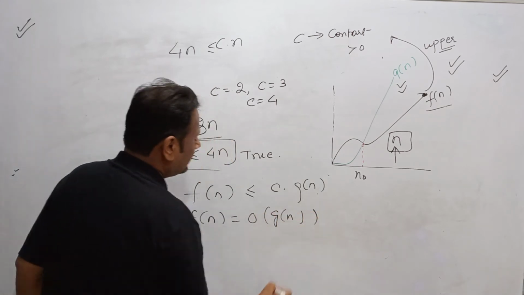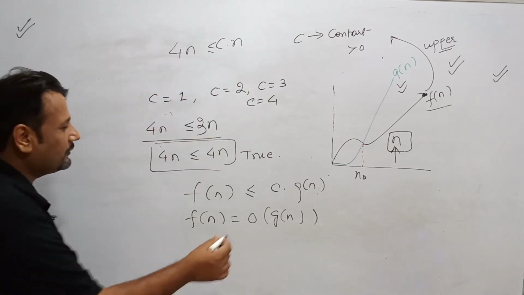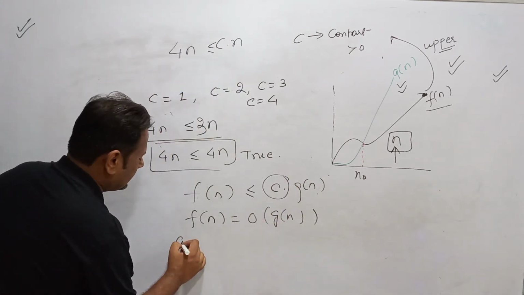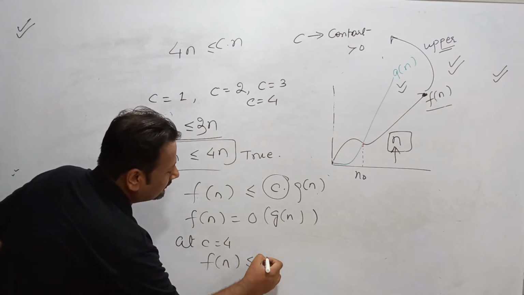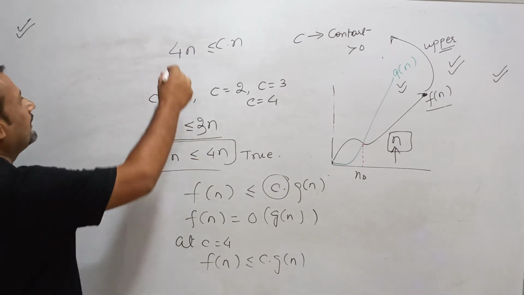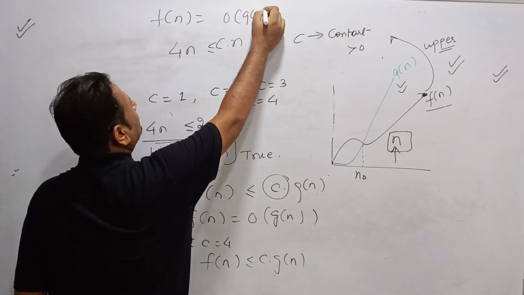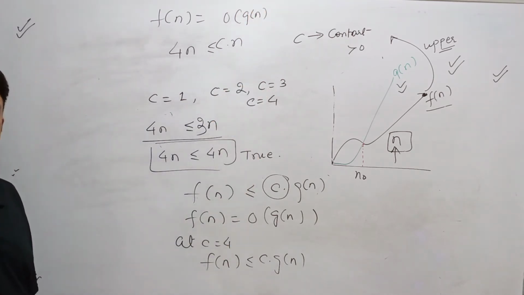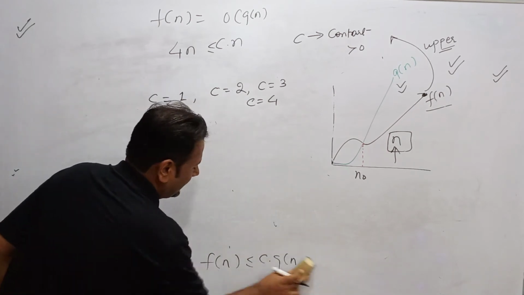We have proved that 4n is less than or equal to 4n by taking what value of c? By taking c equal to 4, this f(n) is less than or equal to c into g(n). That means I can write f(n) is equal to big O of g(n). Is this point clear enough? I'll take a sufficient number of examples so that this is going to be a cakewalk for you.